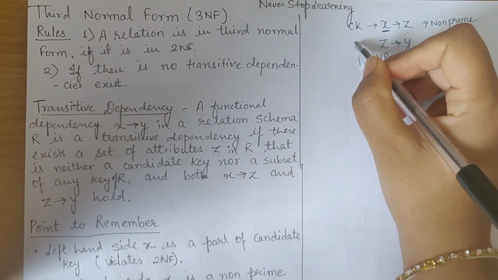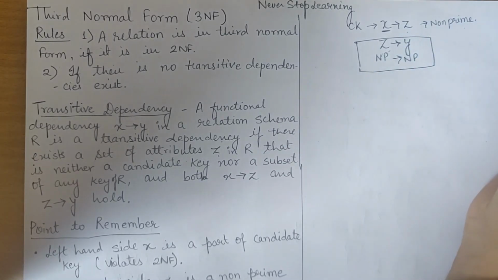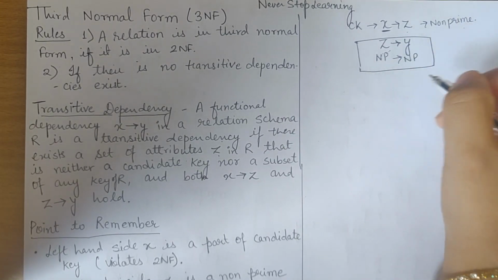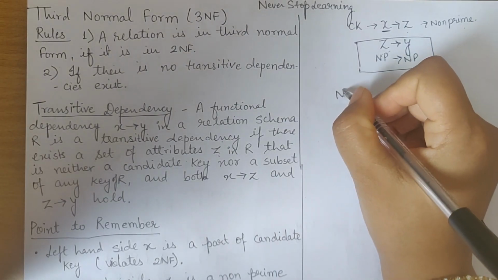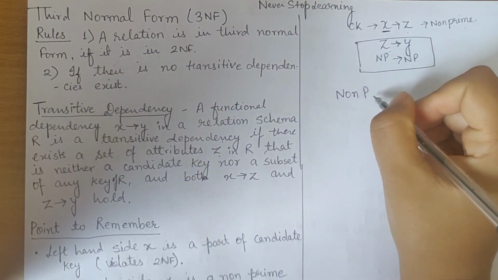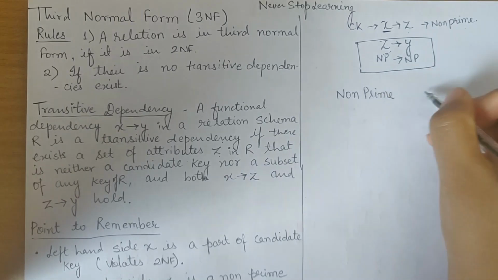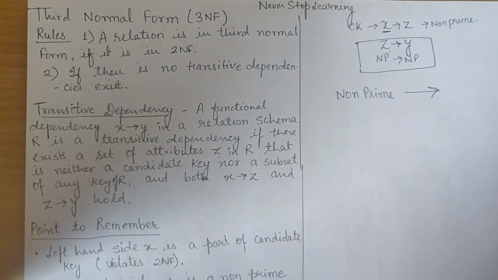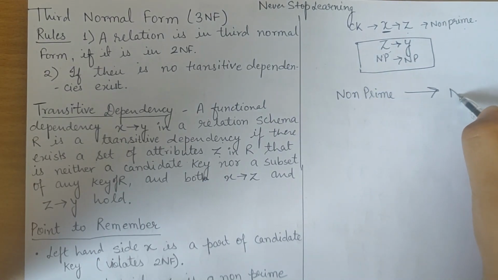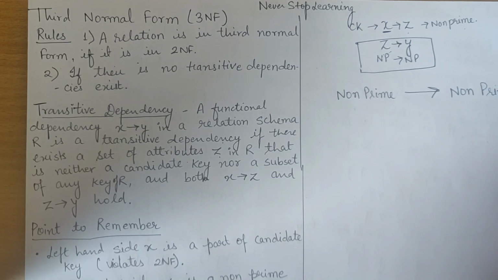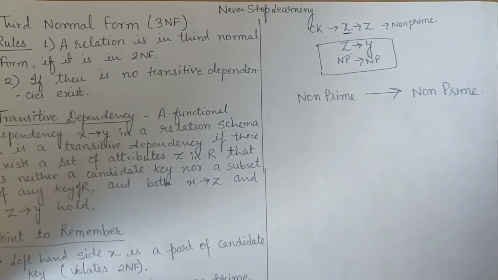So when we have a dependency from non-prime attribute to non-prime attribute, we will call it a transitive dependency. Whenever you find a dependency where the left hand side is non-prime and the right hand side is also a non-prime attribute, then we will call it a transitive dependency.